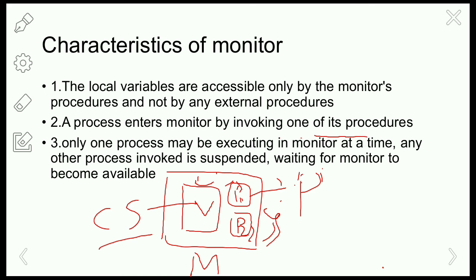So here we are having the two types of procedures, right? So we can access the shared variables by using any one of the procedures given inside this monitor. Okay, and only one process may be executing in the monitor at a time. Any other process invoked is suspended, waiting for the monitor to become available.